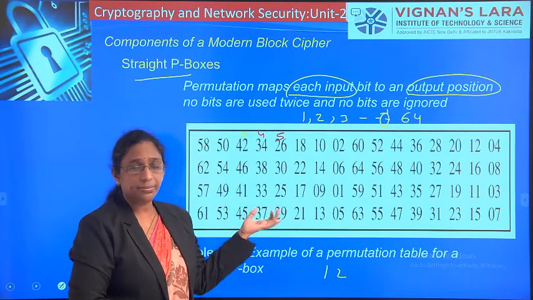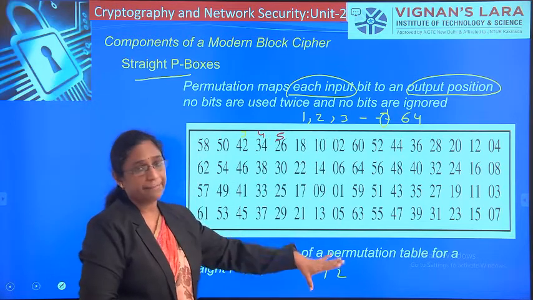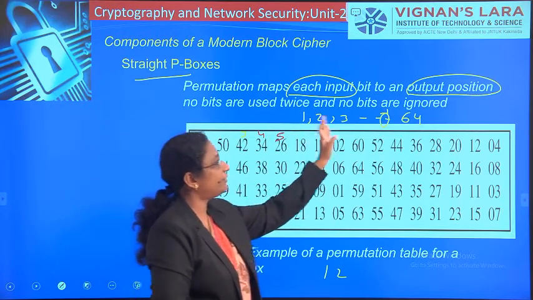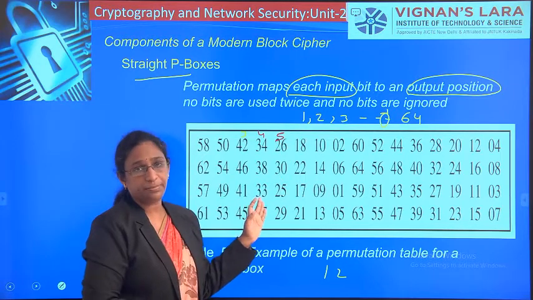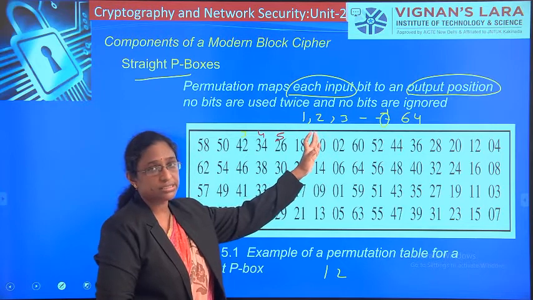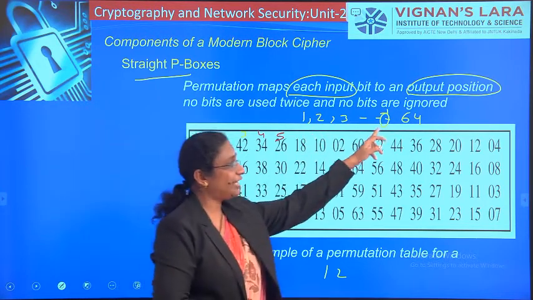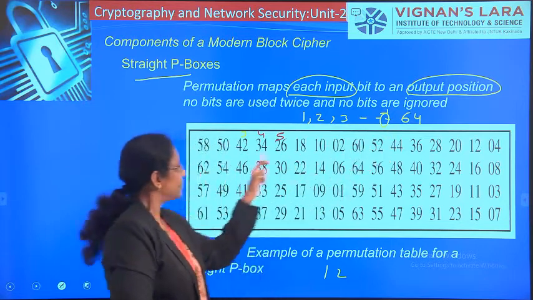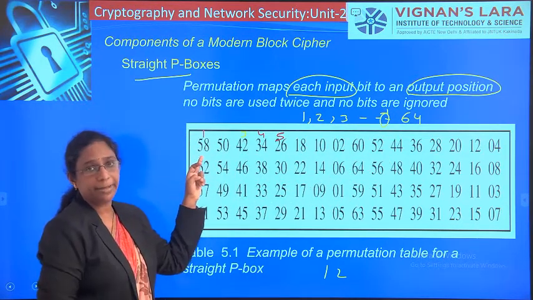Based upon this permutation box, suppose you are having 1 to 64 input bits. You map them based upon this permutation box. Whatever the 58th bit is, that will be your first bit after the mapping.